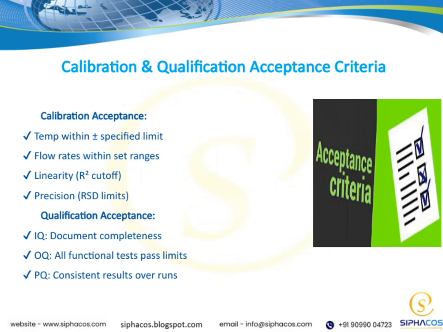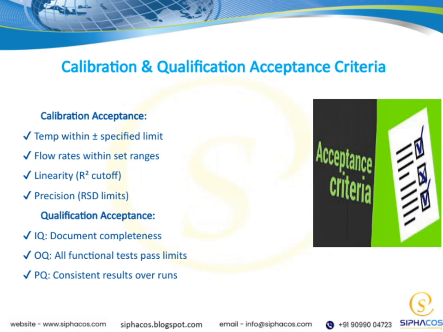Moving on to qualification acceptance, there are three main stages to consider. First, IQ, or installation qualification, checks that all documentation is complete and in order. Next is OQ, or operational qualification, where we verify that all functional tests pass within defined limits, meaning the system operates as expected. Finally, PQ, or performance qualification, confirms that the system produces consistent results over multiple runs, which is essential for reliable performance.